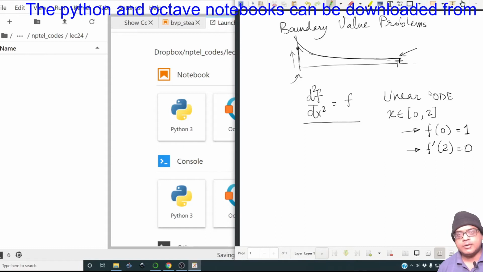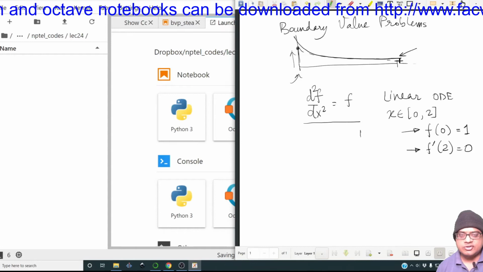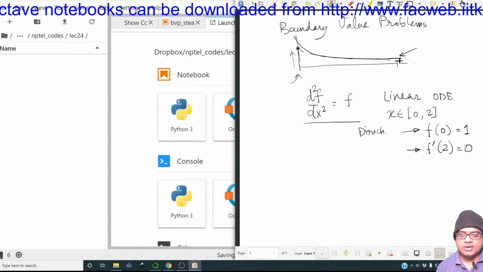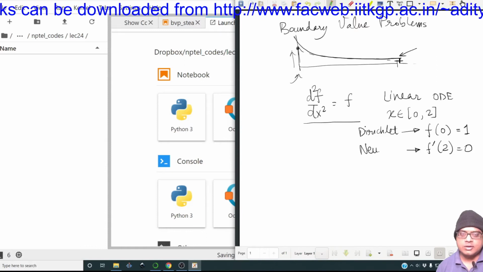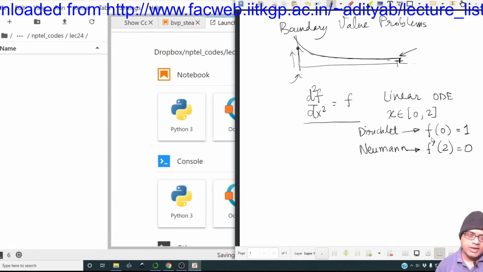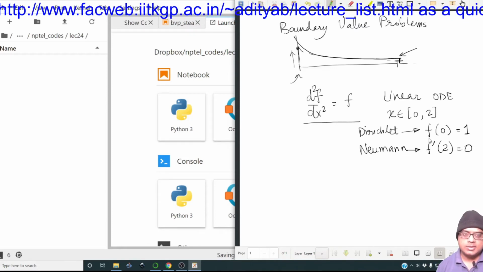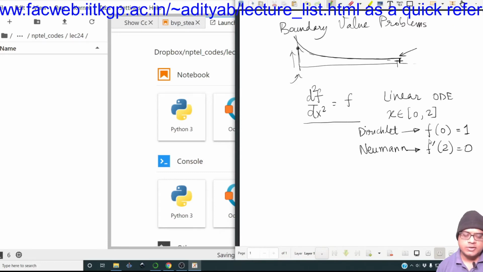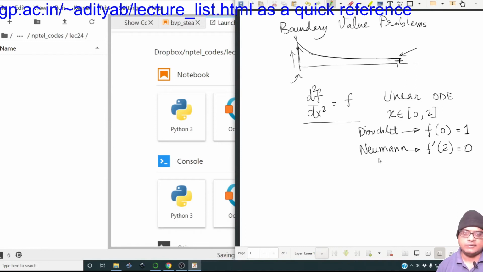Who knows? So these are the two conditions, and this condition is known as the Dirichlet condition, and this particular condition is known as the Neumann boundary condition. So here the value of the function is specified at one of the endpoints, and over here the derivative is specified.